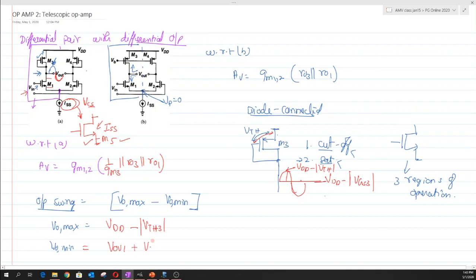So this is the expression for our VO max and VO minimum, and these are the two expressions that I can directly plug in. But there is something I have to emphasize here: whenever we observe the outputs differentially, there will be a factor that gets multiplied by this expression, which is the factor of 2.